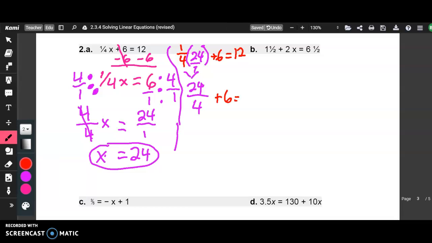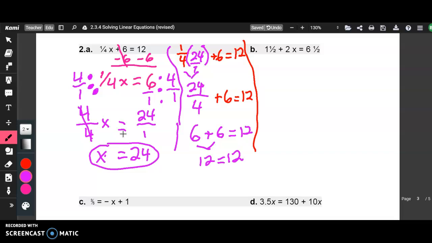Plus 6 equals 12. Now, if I look at this, I have 24 divided by 4. 24 divided by 4 I know is 6. 6 plus 6 equals 12. 6 plus 6 is 12, so 12 equals 12, and we did this correctly.